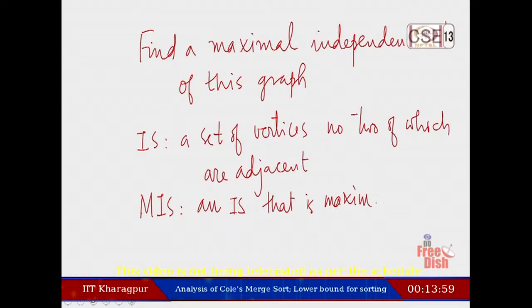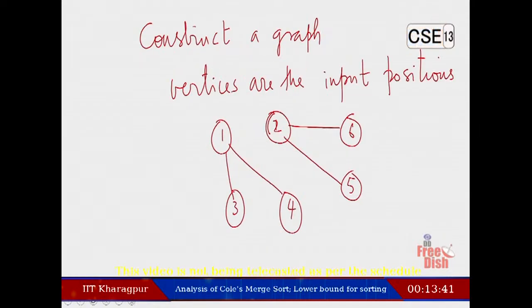It is maximal in the sense that you cannot add one more vertex to it without violating its independence requirement. That is, for every vertex that is not in the independent set, that vertex is adjacent to some vertex in the independent set. So in this example, 1 and 2 will form a maximal independent set, because the other vertices are all disqualified now from adding to the maximal independent set.